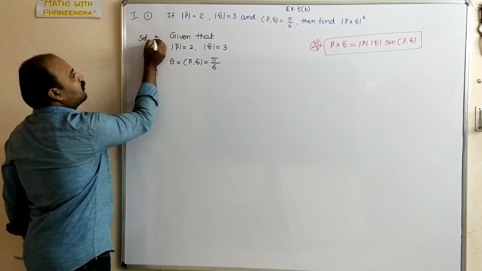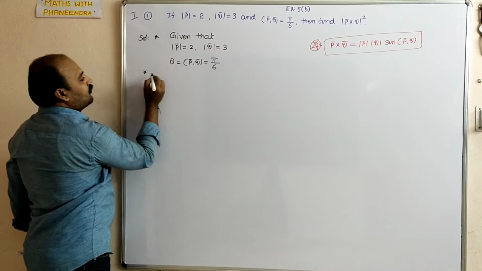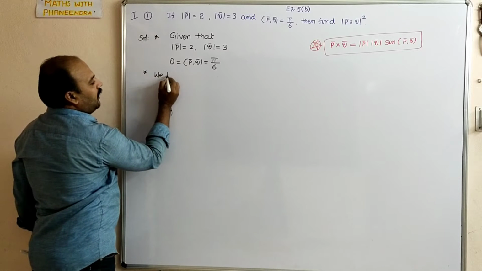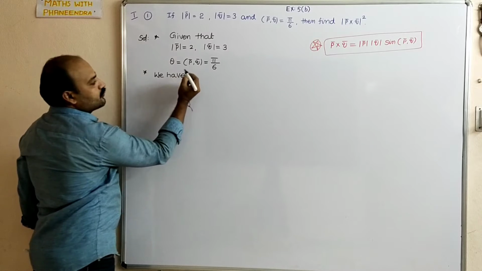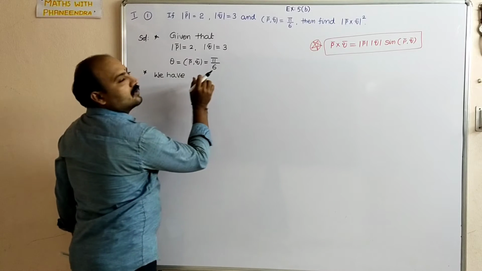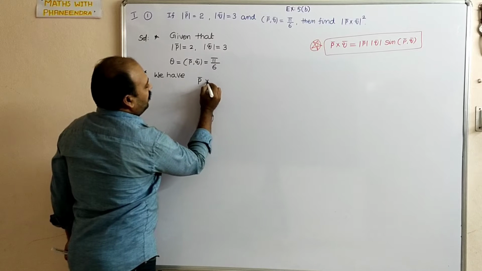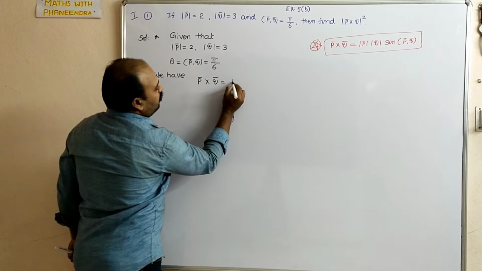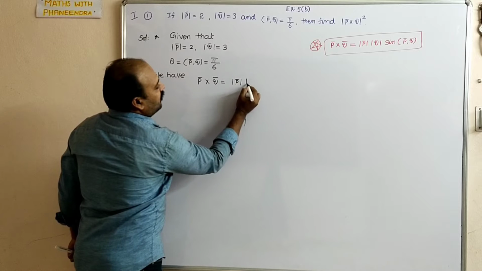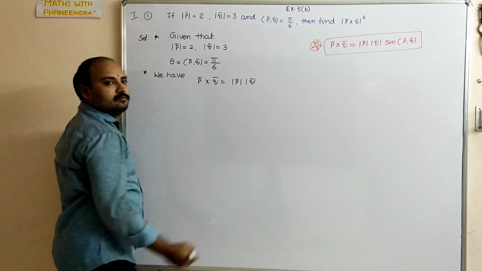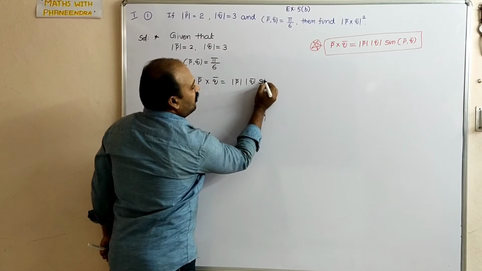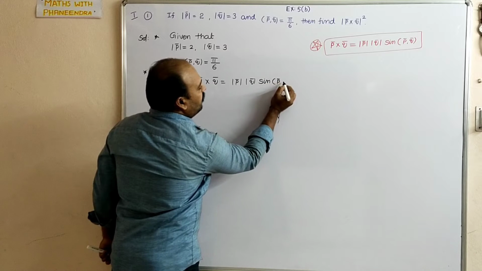This is the first step, we have to write it. After that, we have the cross product definition: p bar cross q bar equal to mod p bar into mod q bar into sine of angle between p bar and q bar.